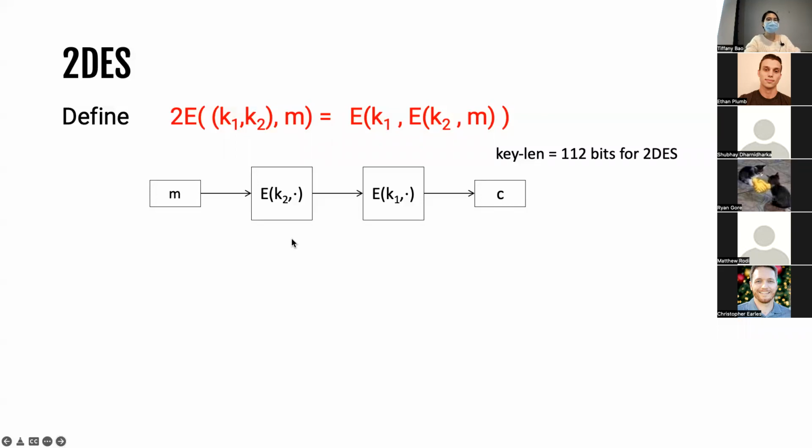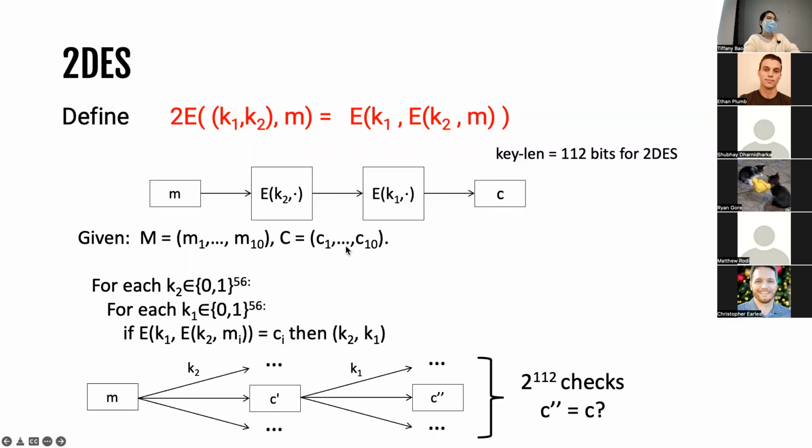And in this case, we will have 2 keys, and in total, that's going to be 112 bits. So in this case, you may think that if someone is going to break this, he has to enumerate all those bits, which is 112, and the complexity will increase from 2 to the 56 to 2 to the 112.